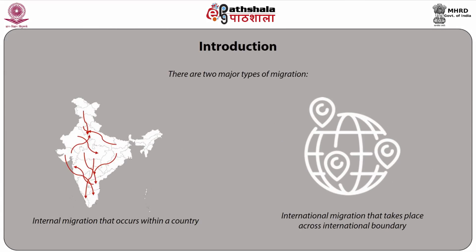There are two major types of migration: internal migration that occurs within a country and international migration that takes place across international boundaries.